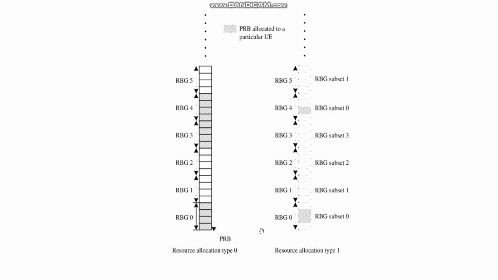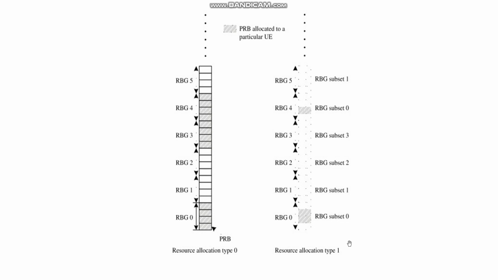When it comes to resource allocation type 1, you can see physical resource blocks are not only grouped as resource block groups, but these resource block groups are also grouped under resource block group subsets.